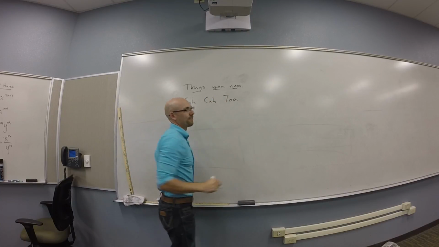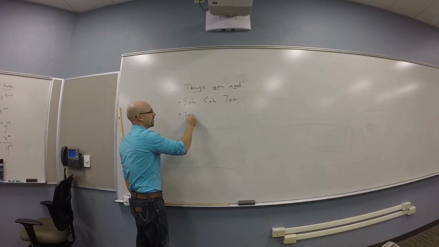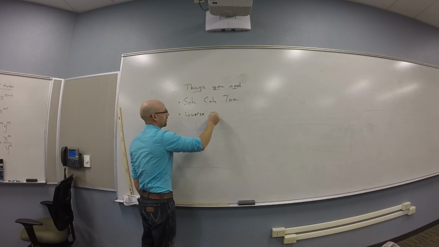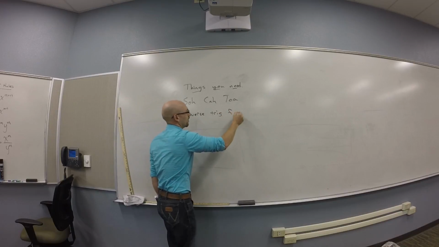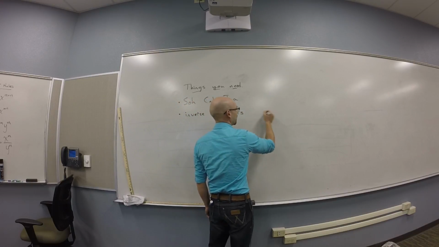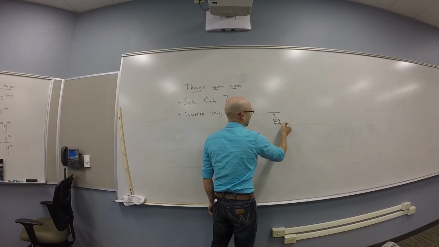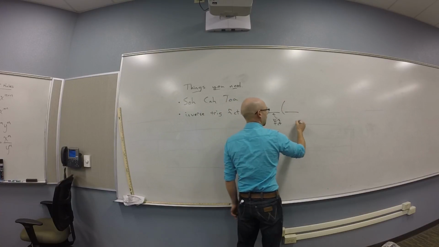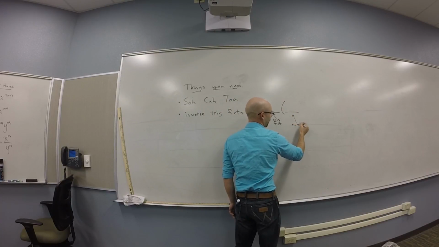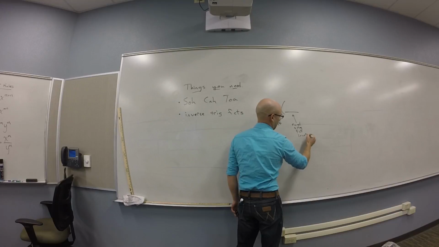So you need to know SOHCAHTOA, right? You need to know inverse trig functions. And you also need this trick, which is take a random trig function, inverse, right?